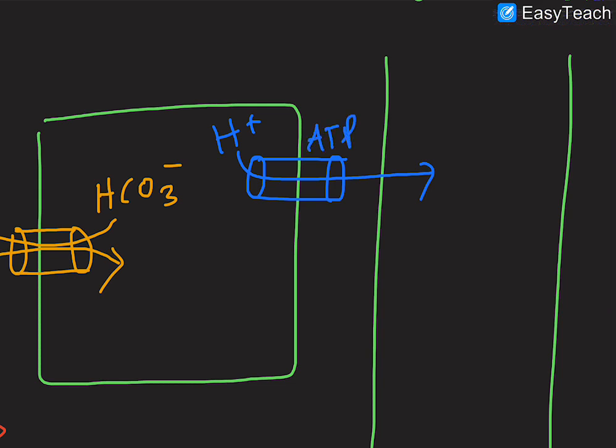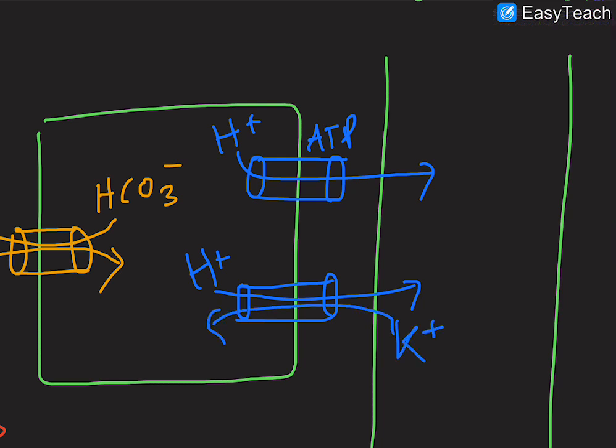And then you also have another channel that takes hydrogen protons and pumps them into the urine, but it also takes potassium from your urine and pumps it into your alpha intercalated cells.